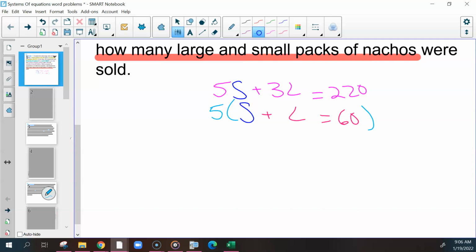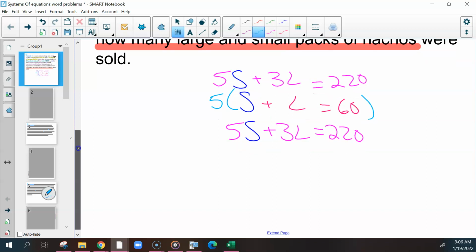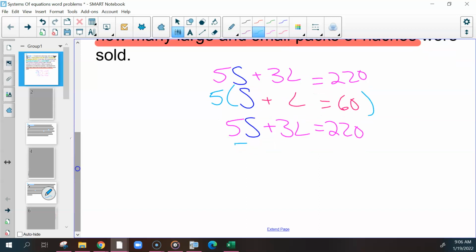I'm going to rewrite this first one down here. And then our new equation would be 5S plus 5L equals, I think that's 300.